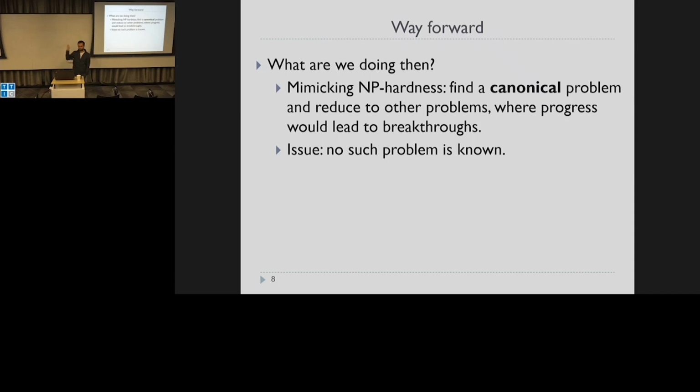So what are we doing? Similar to NP-hardness, where you had one problem that was proved difficult, and then given that, we managed to show that many other problems were difficult. So for SAT, right, it was proved NP-hard, and then many other problems were proved as well.